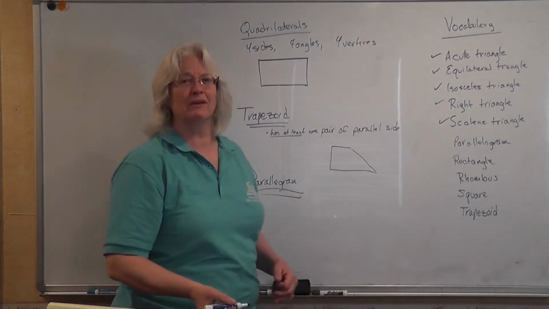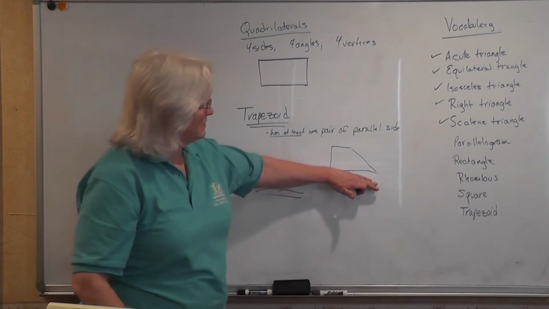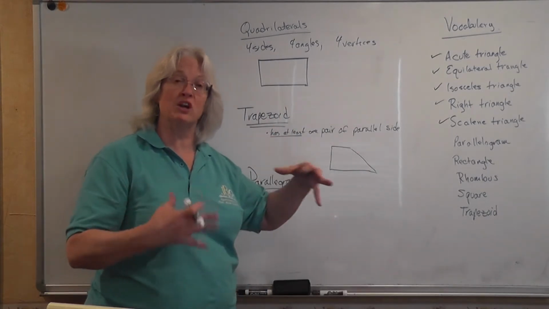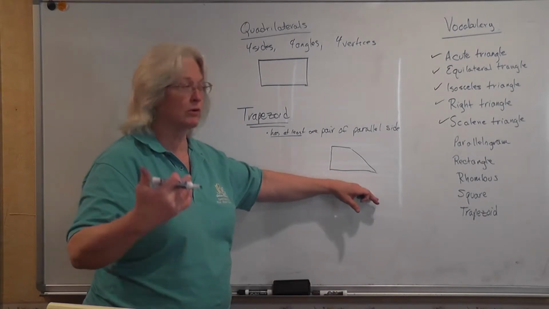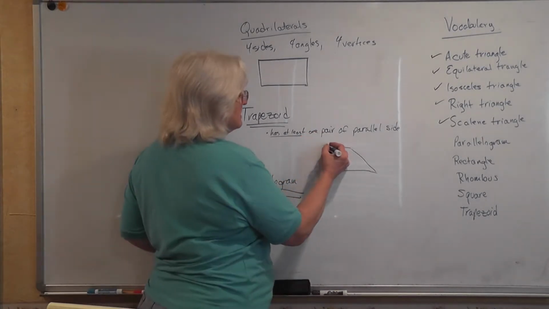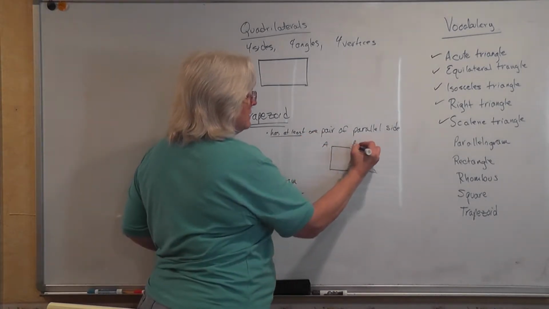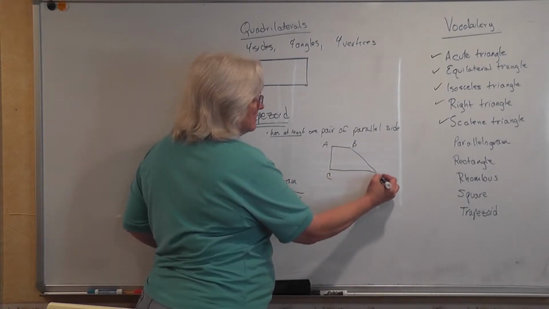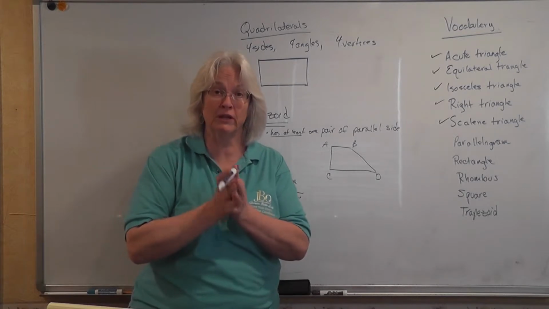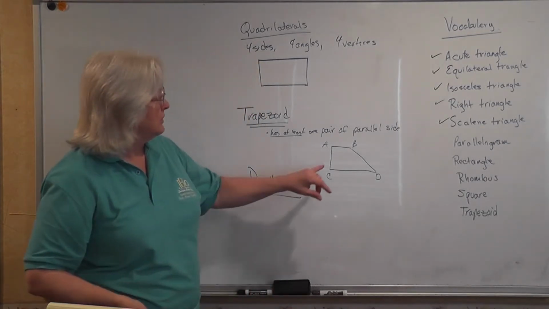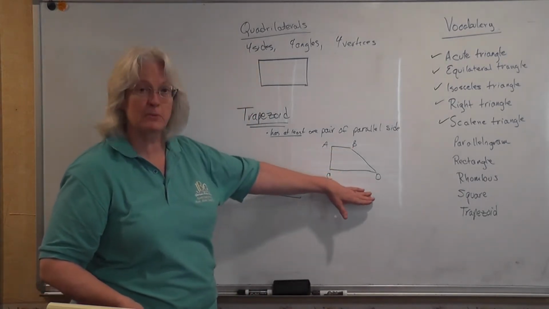Do they look parallel? Not necessarily, but you can tell they're supposed to be. But in geometry, they're going to tell you that line segment AB is parallel to line segment CD. So you cannot trust only the appearance of an object. They're going to tell you, okay, this is parallel.